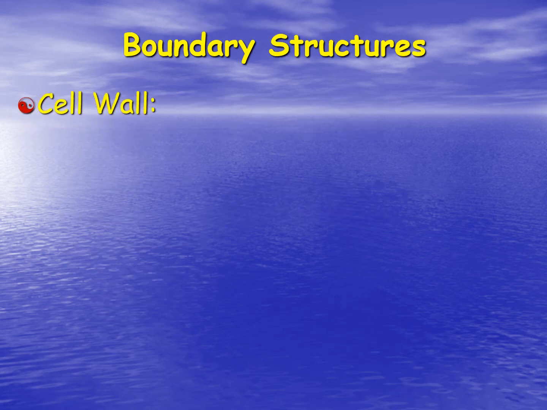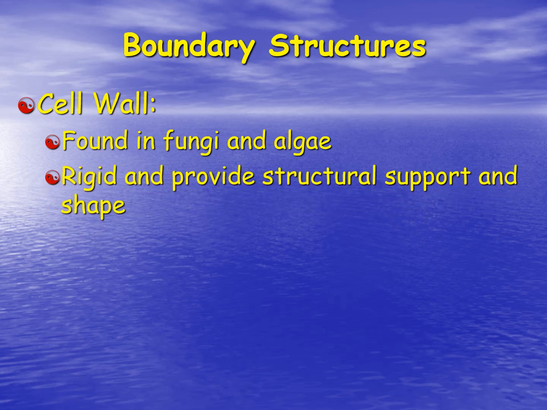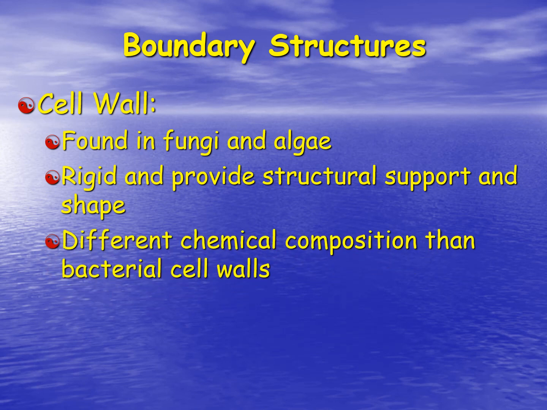The cell wall, in those eukaryotes that have cell walls, is found in the fungi and the algae. It's rigid and provides structural support and shape, just like we saw in the cell wall of the bacteria, but they're a different chemical composition than the peptidoglycan in bacteria.